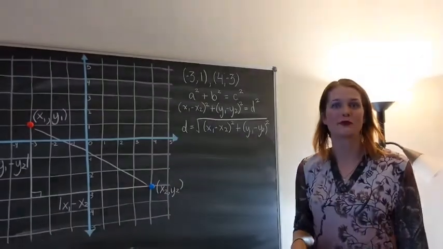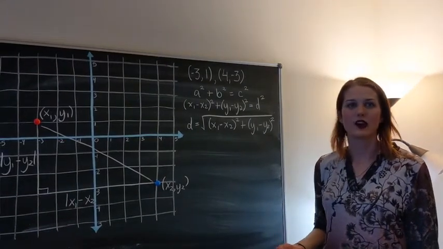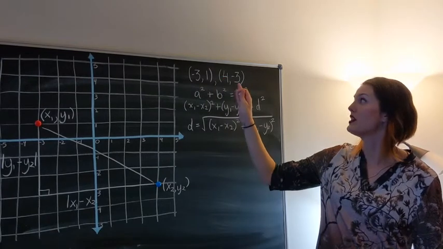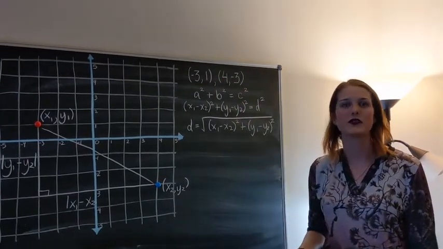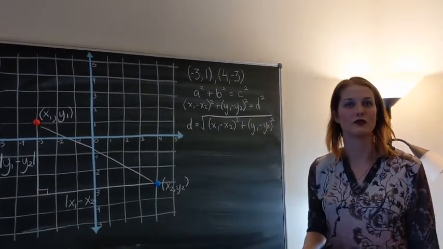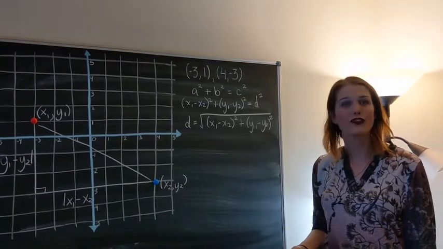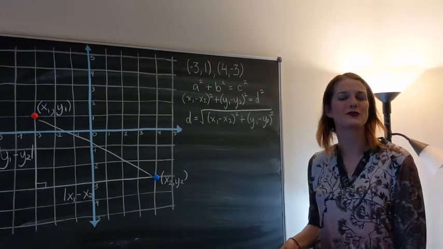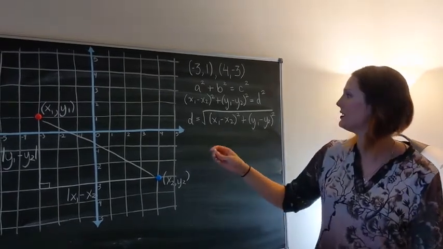Now take a moment to pause the video and try this out for the 2 specific points that we have plotted here, (-3, 1) and (4, -3), and see if you can find the distance between those 2 points. Alright, hopefully you got as your answer the square root of 65, but let's go through that derivation together.